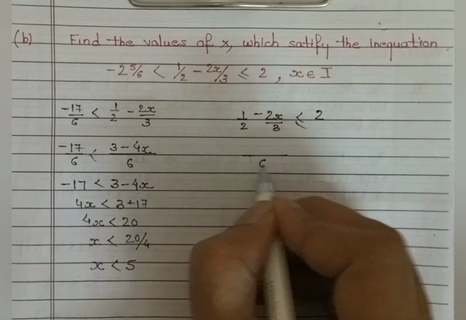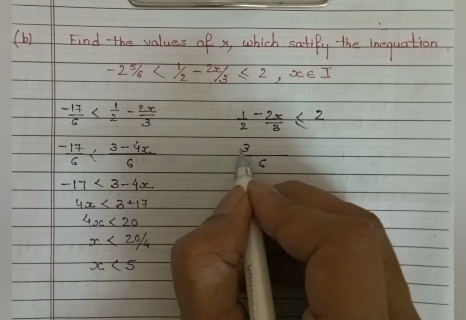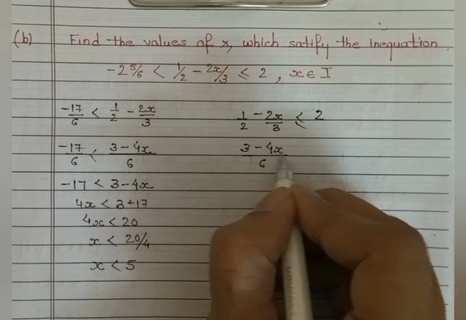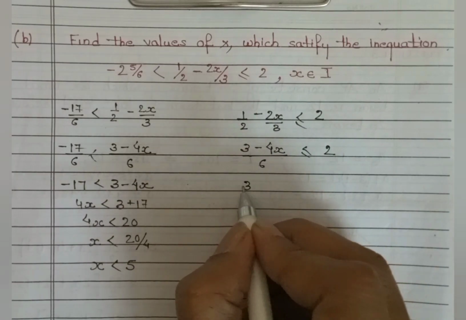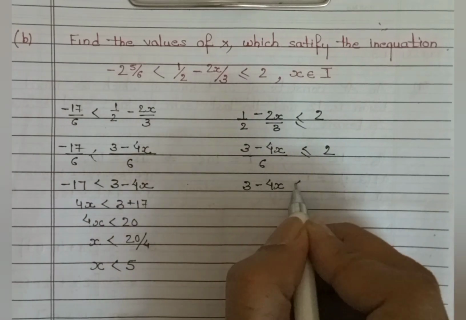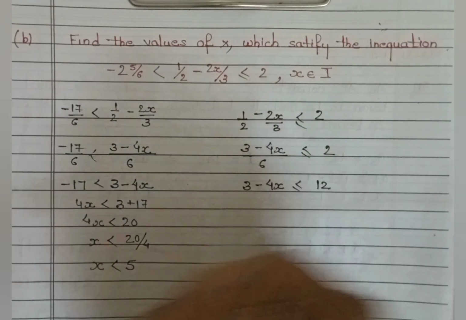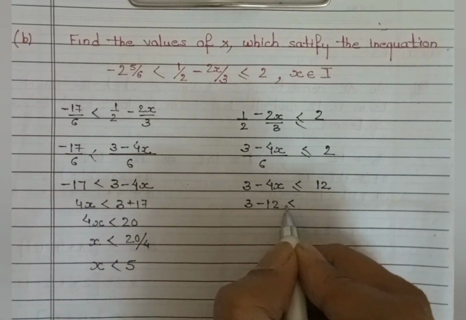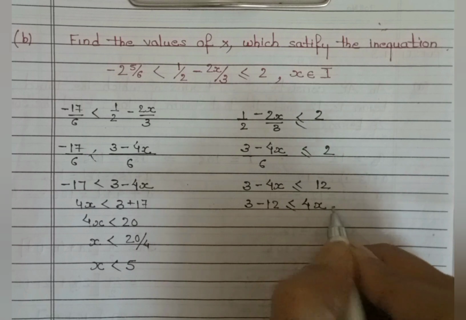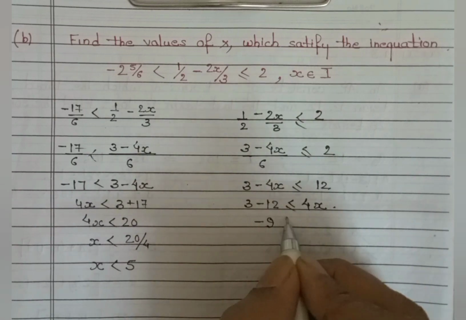LCM on the left side will be 6. This will give you 3 minus 4x less than or equal to 2. 3 minus 4x is less than or equal to 12. So this will give you 3 minus 12 less than or equal to 4x, minus 9.